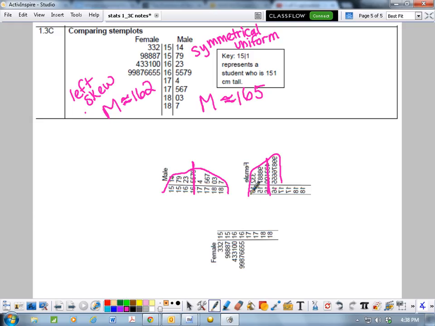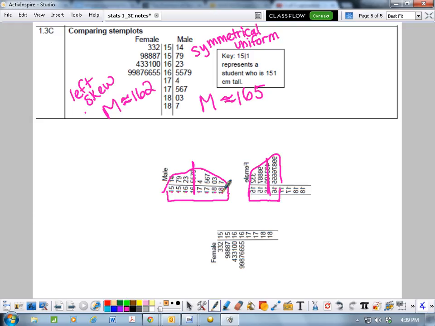You can definitely tell, this one only spreads like 4 bin widths, while this one spreads 1, 2, 3, 4, 5, 6, 7, 8. So 8. So there's definitely a much bigger spread with males. And so when we're comparing them, we're looking at this. Males are way more symmetrical and uniform than females, who tend to be left skewed.